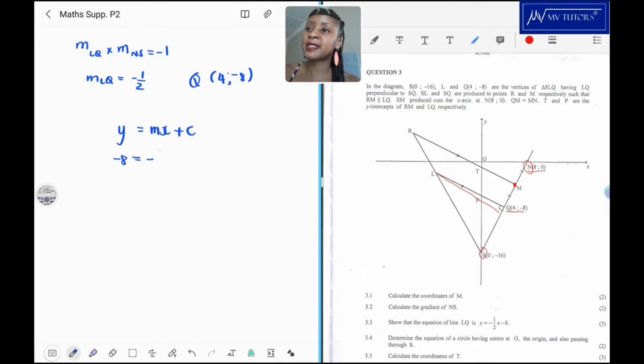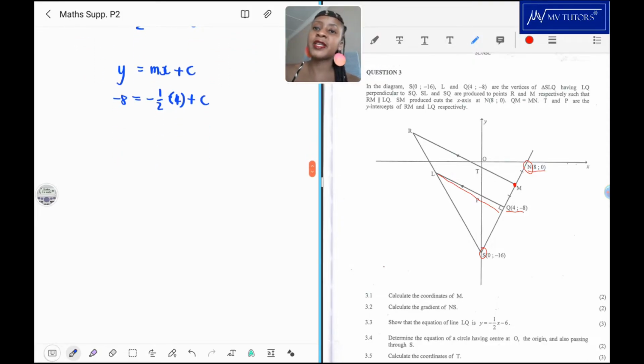Your gradient is negative a half. The x value is 4, and we're just going to calculate what the c value is. And it makes sense. I mean, the gradient has to be negative because LQ is going down from left to right. So the gradient should be negative. All right, so when we calculate c, negative 8 will be equal to negative half times 4, which is negative 2.